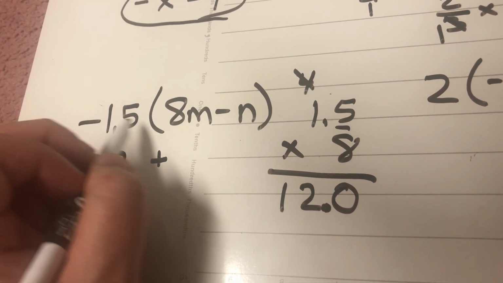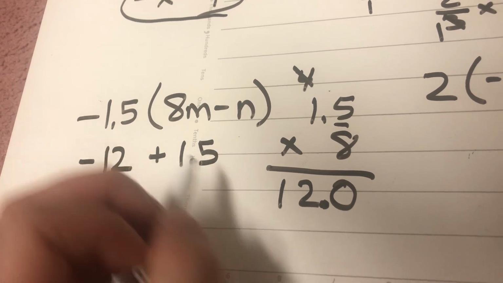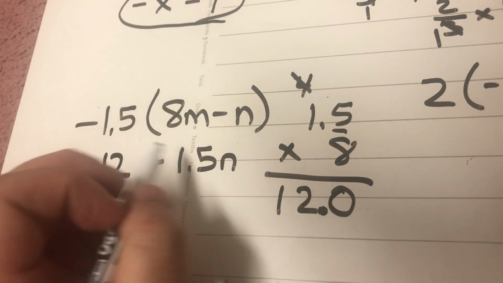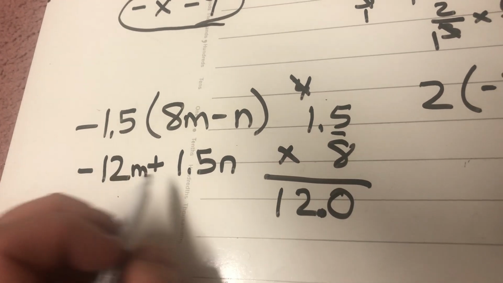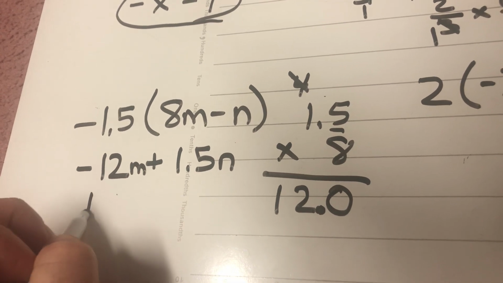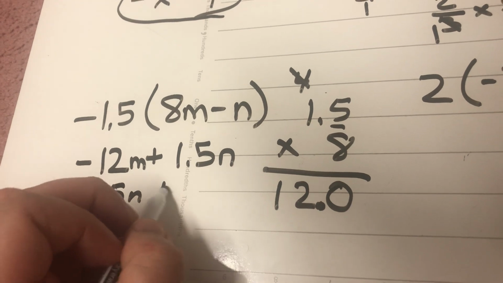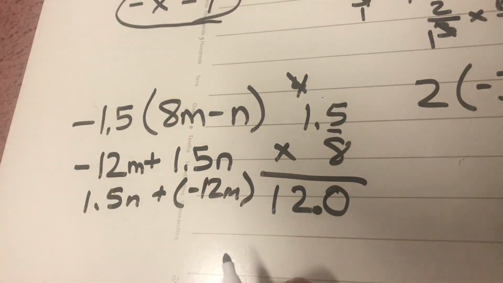So a negative 1.5 times a negative 1 has to be a positive 1 and 5/10, or 1.5n. And of course, this is 12m. And if I wanted to switch that up, 1.5n plus a negative 12m, that would be okay.